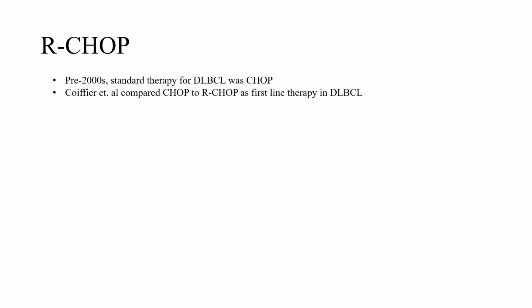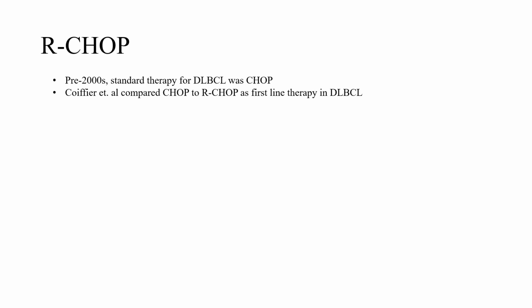So let's get into specifics on the story behind how we treat DLBCL in general. So, how did R-CHOP come about? Well, before the 2000s, one of the standard therapies for DLBCL was just CHOP. So Coiffier et al. compared CHOP to R-CHOP as first-line therapy in DLBCL. And in this study, all patients were at least 60 years old.